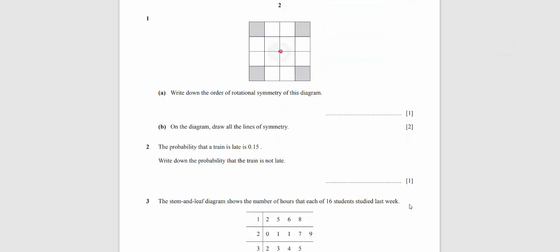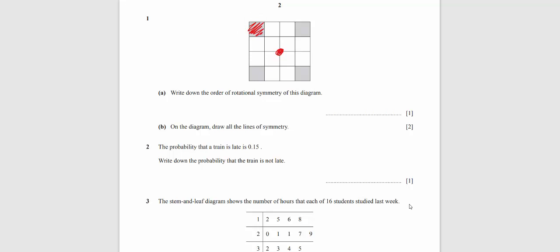The center of the rotation will be in the middle here. After you decide your center of rotation, you need to pick one of the shapes. So I'm going to concentrate more on this shape. Then I try to rotate it.